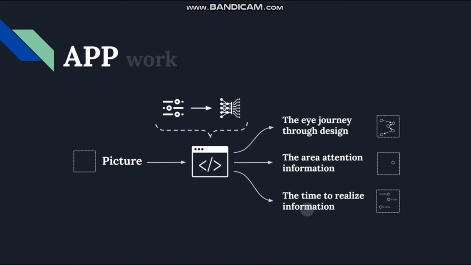And this information is visualized on the input picture itself. So we have the picture, then we have this, and this. And for the first version of my program, it will include only this feature, only the area attention information.